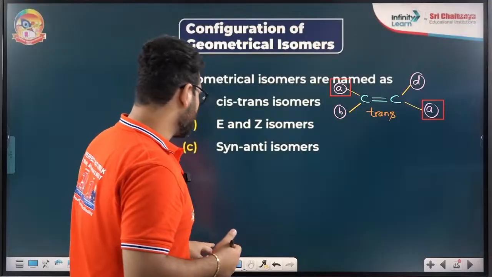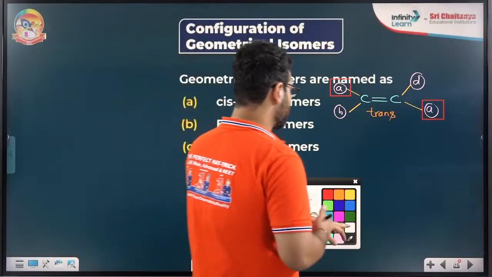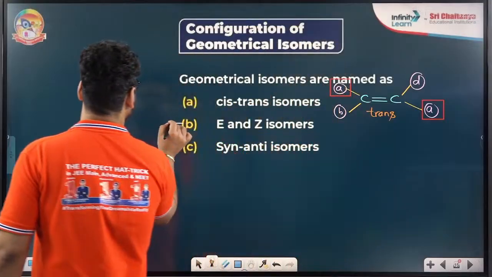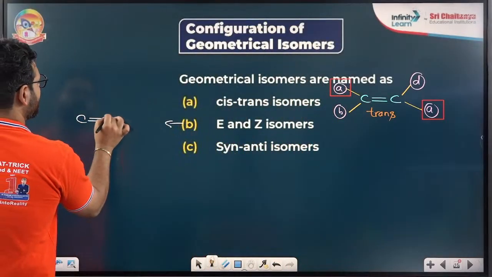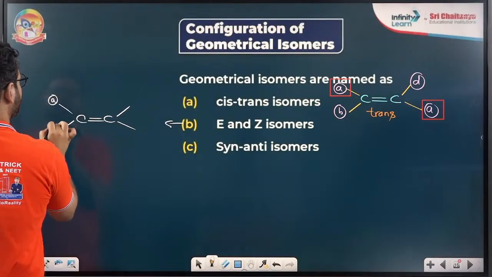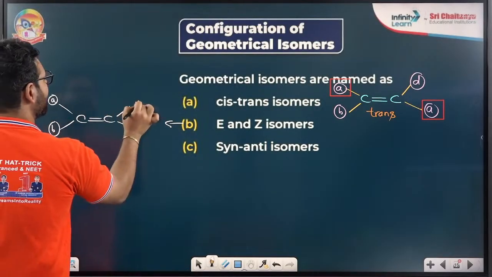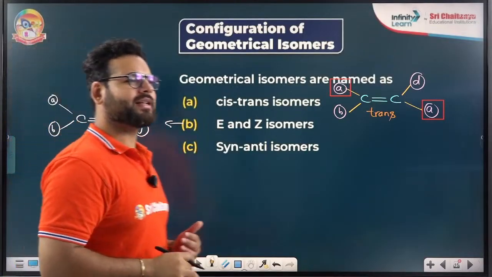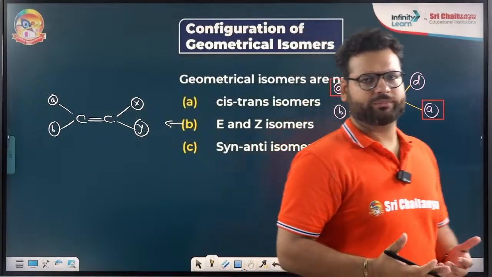When to use EZ? You will use EZ when all four groups are different. Something like this: double bond carbon, here we have A, here we have B, here we have X, here we have Y. Now obviously cis-trans will not work.